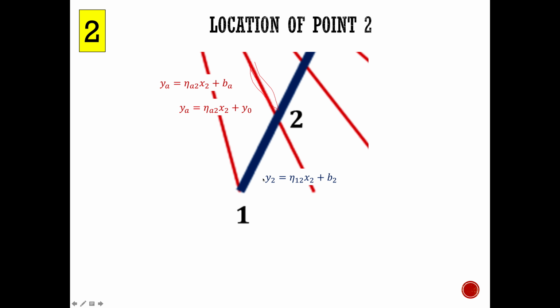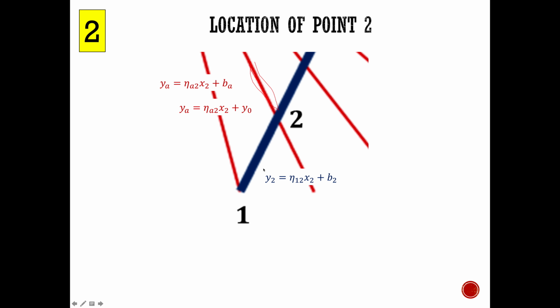Now, let's look at the equation of the line for this blue line, this left running characteristic. You get y2 is mu slope of 1,2 times x2 plus b2. Now we have to know what this b2 is in order to solve for this equation.